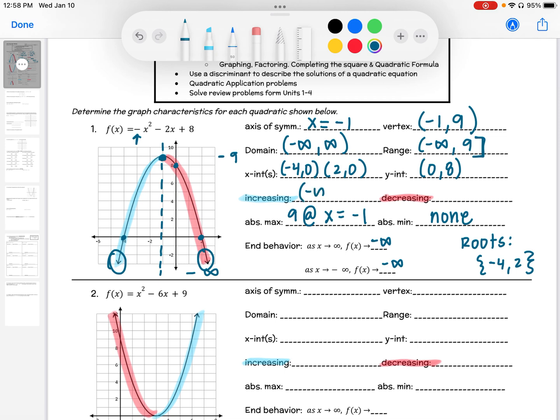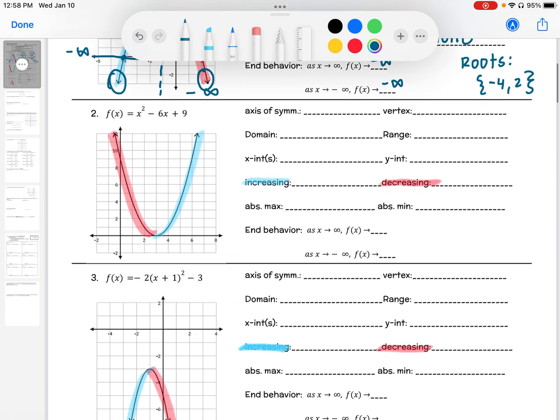So that means that from -infinity on our x-axis to that axis of symmetry, so -1 is the x value, our graph is increasing. But then at -1, it starts decreasing, and it decreases until +infinity on the x-axis.